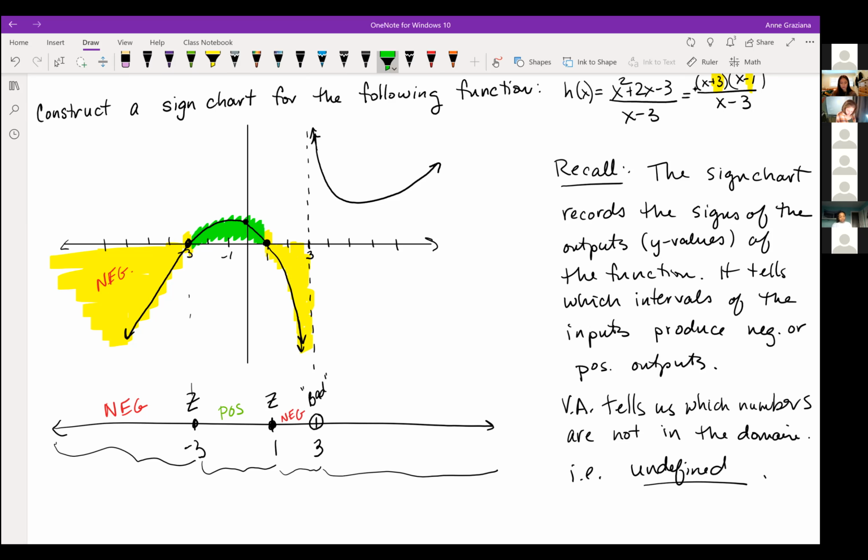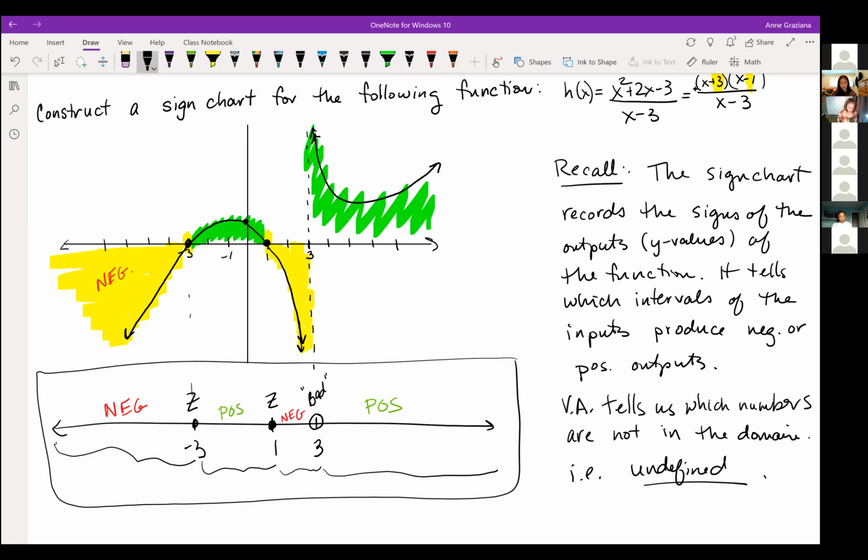And after, here's everything after. Positive. It's above. Okay. So this would be your correct sign chart for this one. If you had this, you got it 100% correct. But probably you weren't sure what to do with that asymptote because I haven't talked about it, but I wanted you to at least think about it before we talked about it.